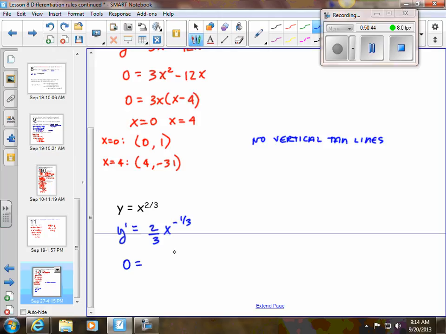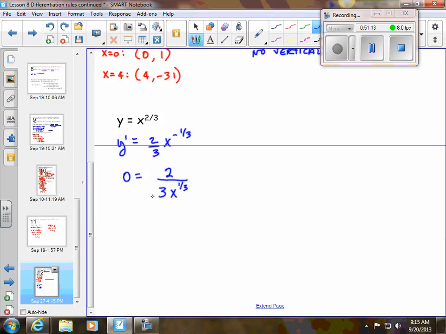How can we rewrite that expression using positive exponents? 2 over 3 cube root of x. Or we could just say 2 over 3x to the 1/3. Very good. That is much easier to work with than the negative exponents.